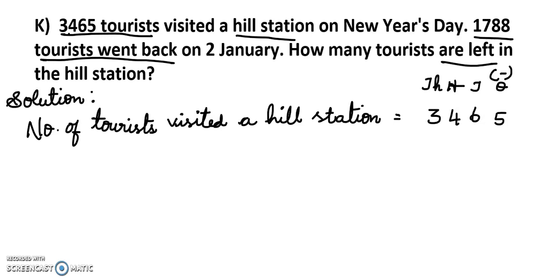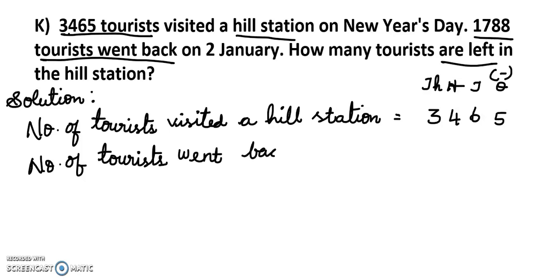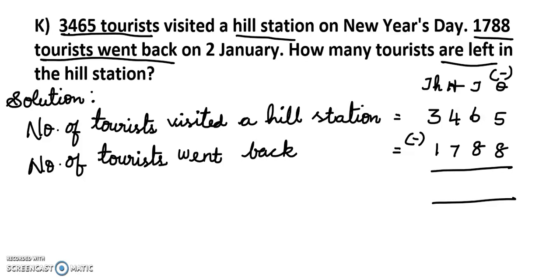Next, number of tourists went back. How many tourists went back? 1,788. We are going to subtract. Listen, we have to subtract 8 from 5. Can we subtract?